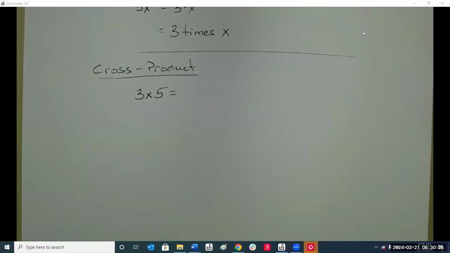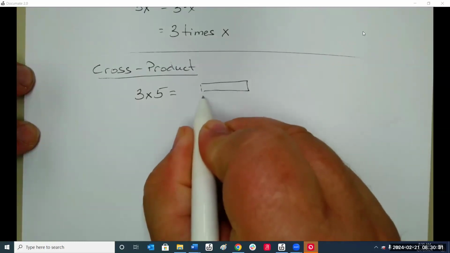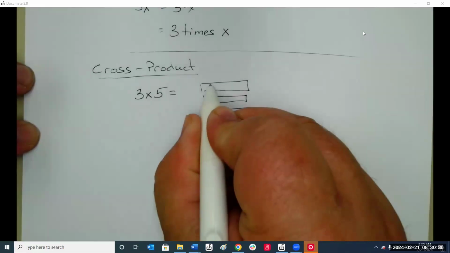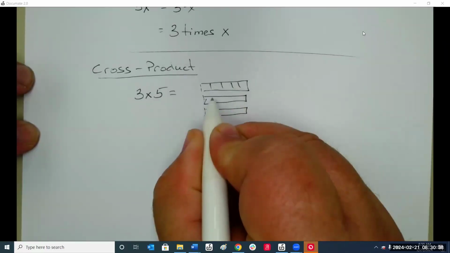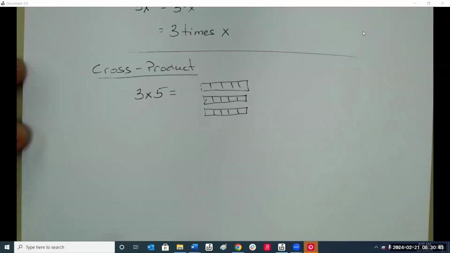If we introduce them to the arrays, it's 3 rows of 5 blocks each. Again, this is how you'd use manipulatives.